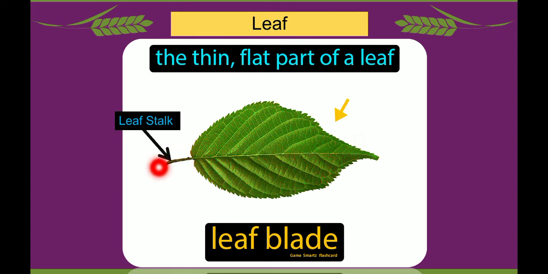This is called the leaf stalk. You can see here, this is the leaf stalk, and the broad and flat part of the leaf we call leaf blade. Through this leaf stalk, the leaf is attached to the plant.